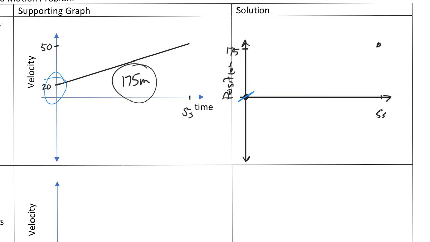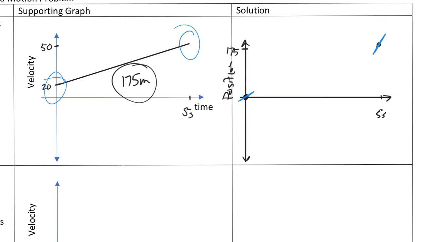And at this moment, my velocity should be 50 meters per second, which means the slope of the position versus time graph should be positive and steeper than where it was when it started. Can't really do 50 or 20. I don't have a scale for that. But I know it's steeper because 50 is a bigger number than 20.